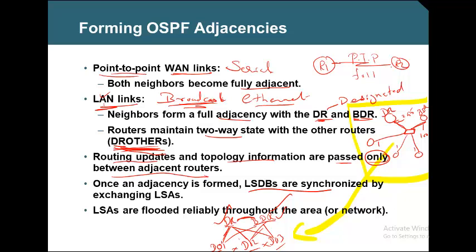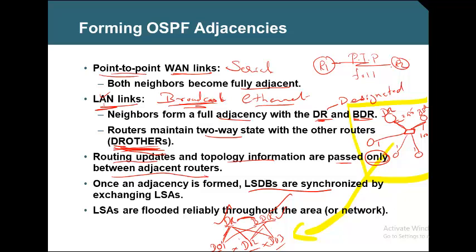Full adjacency is knowing everything, a fully synchronized database. Just knowing the router ID of the neighbor router is neighborship. Not just the router ID, you also have the complete database of that router in you and your router in that. That means full adjacency.